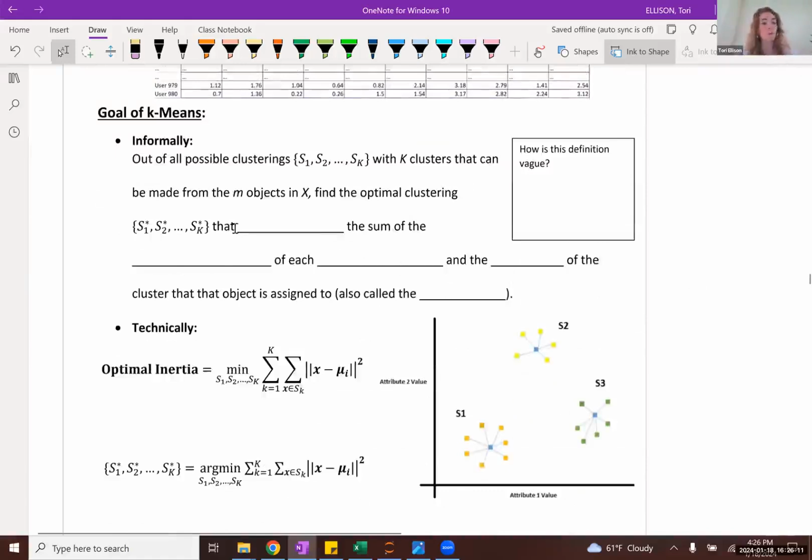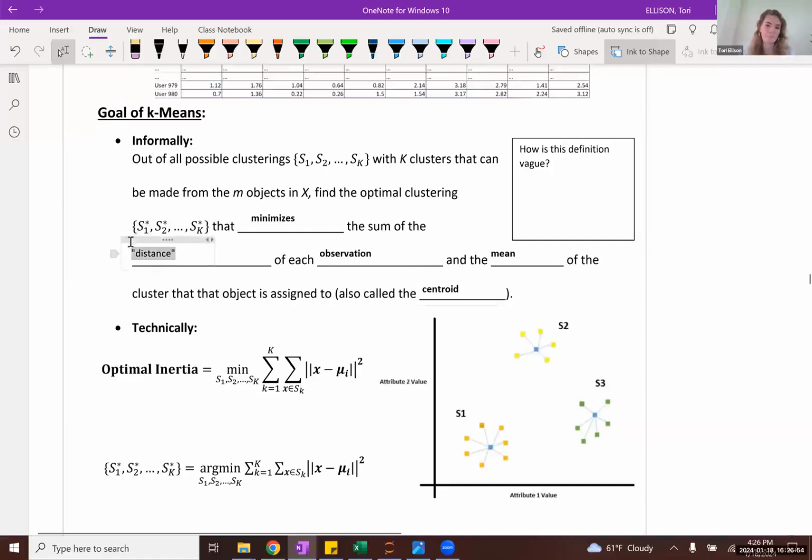The general goal of the k-means clustering optimization problem is, out of all possible clusterings of a set of observations that you could create with k clusters specifically, to find the optimal clustering of these k clusters that minimizes the sum of the distance between each observation and the mean of the cluster that it was assigned to. We also call this mean the centroid of the cluster.